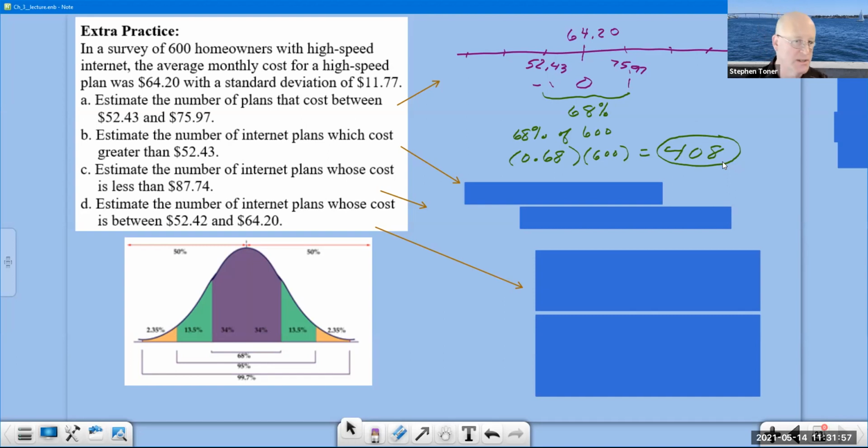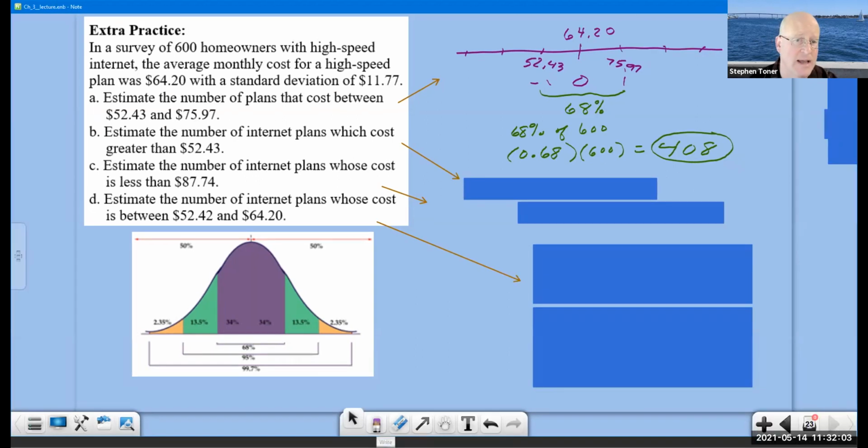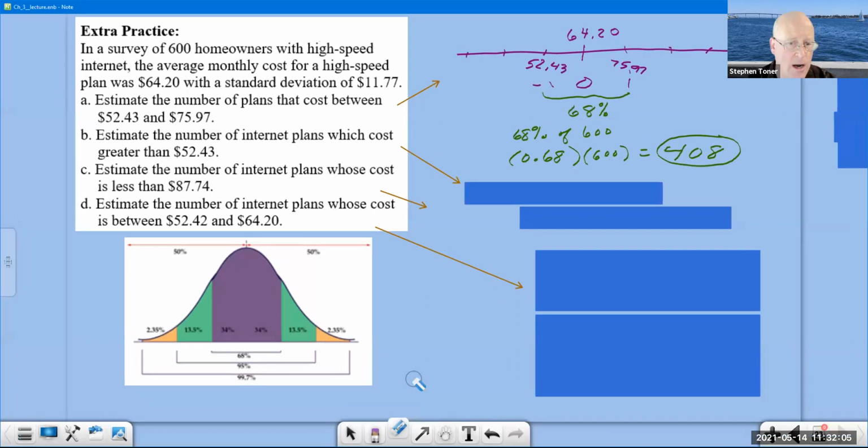Now, part B changes the game a little bit. This one asks what percentage have data plans that cost greater than $52.43. Well, that's right here at the one standard deviation. We want that one standard deviation from here to the right. On my picture at the left, that's right where my marker is, one standard deviation to the left of the mean.